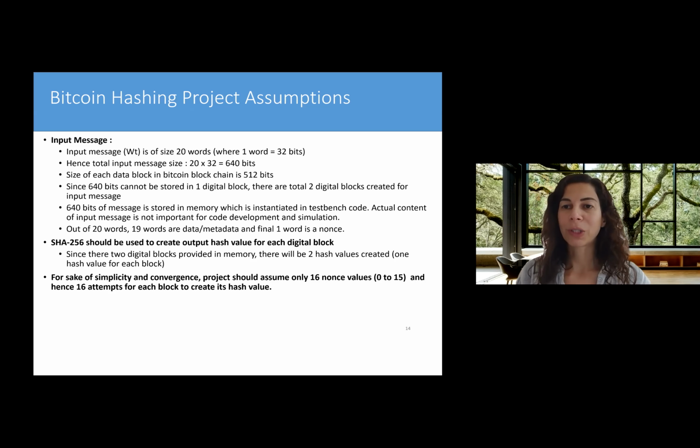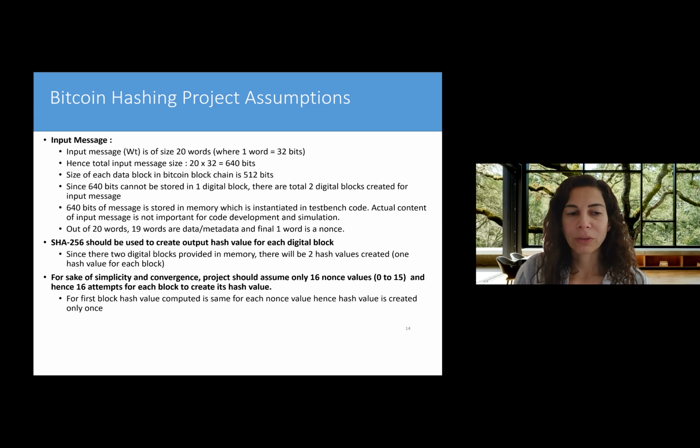In particular, if we want to do some parallelization, for the sake of simplicity and practicality, we're going to limit this project to 16 nonce values from 0 to 15. So every time we want to try different hashes, that means we will have 16 attempts to create a hash value for each of the blocks that we are considering.